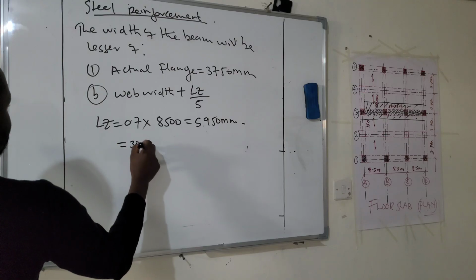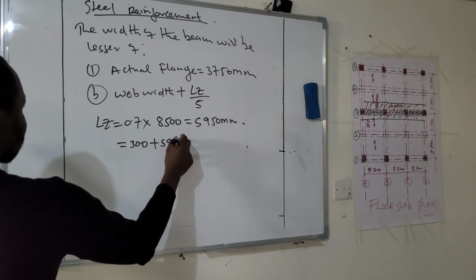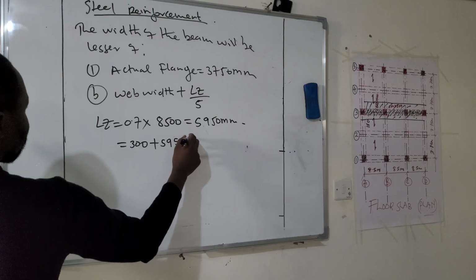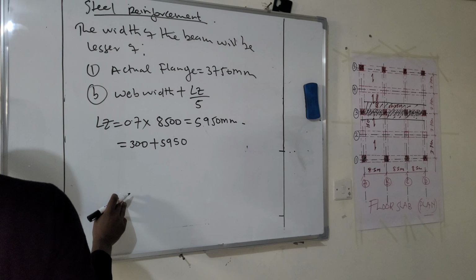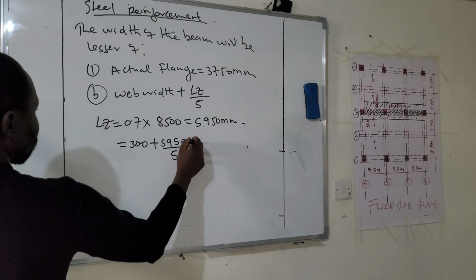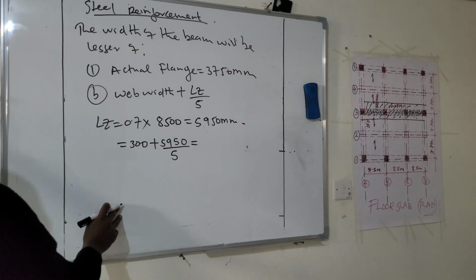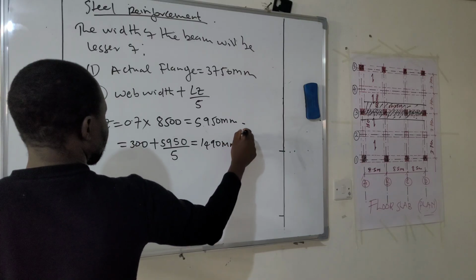So 300 plus 5950 over 5 is equal to 1490 millimeter.